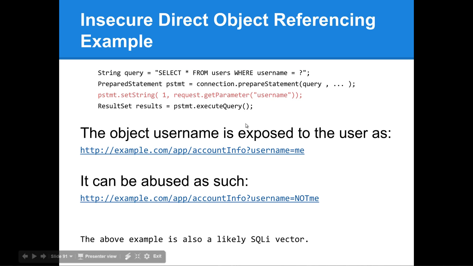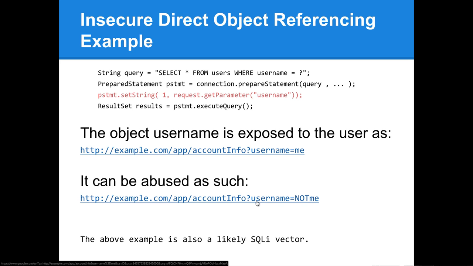which is bad because in this case the username object is directly exposed to the users, and this can be abused by sending any other user, and it will, academically speaking in this case, take that as authentication and allow whatever action was requested.